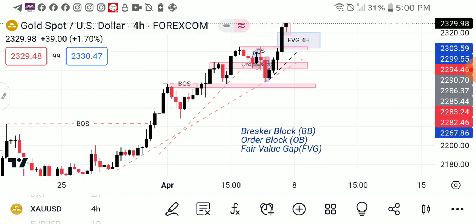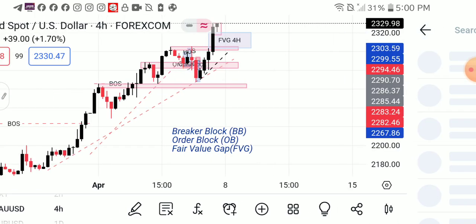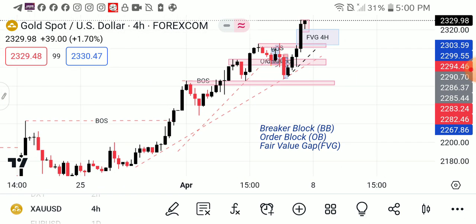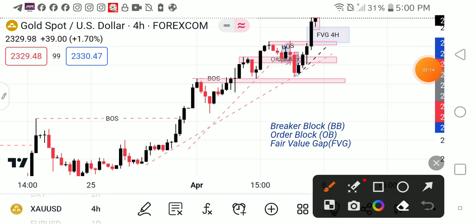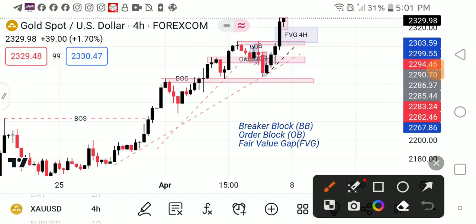If you know how to plot your zones, these support and resistance zones, you find it very easy to milk gold. So at this point, gold is forming some zones. Like you can see here, the resistance level here. Then when price came down, it broke the resistance level here, and price turned support at this point.